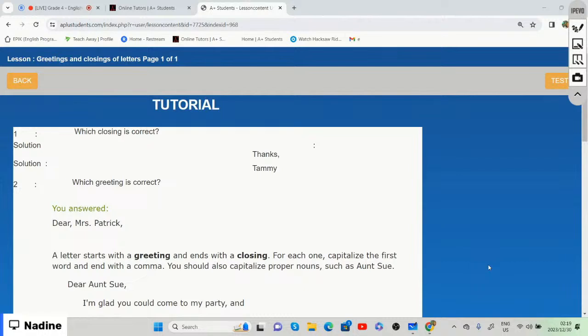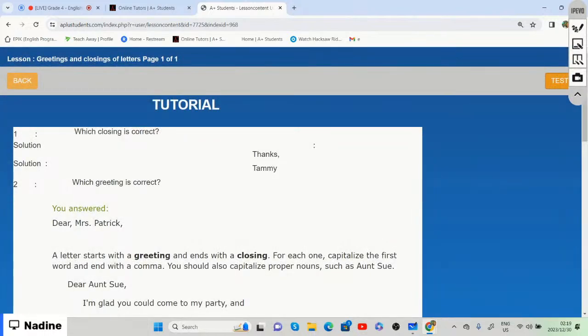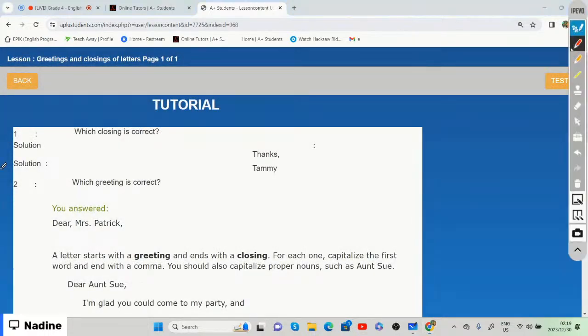If we choose a greeting that we think might be correct, then we can say, for example, Dear, and the person's name. That is how we start with a greeting.